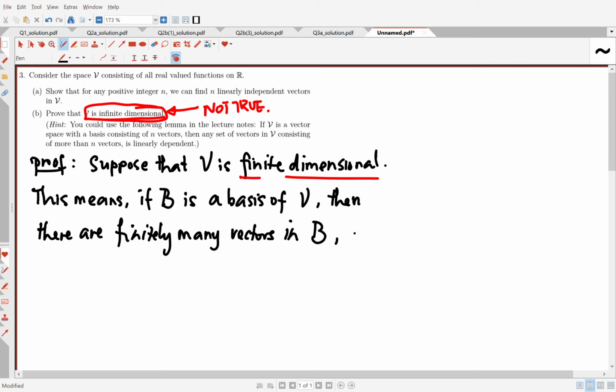Say there are M many vectors in B. Because it is finite, I can define this M to be the number of vectors in B.